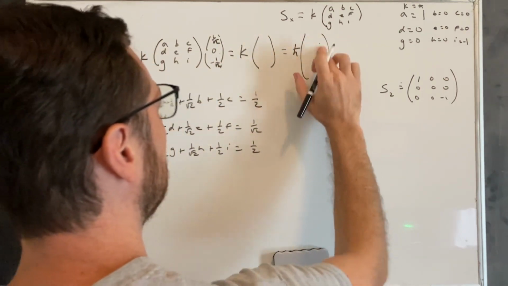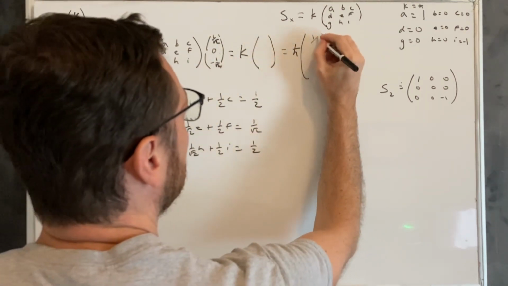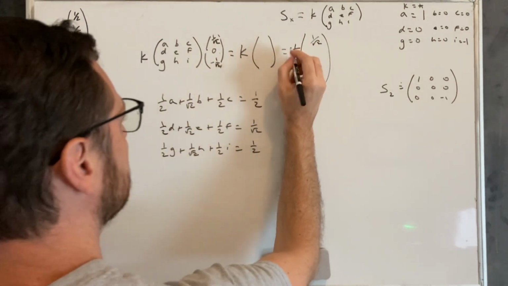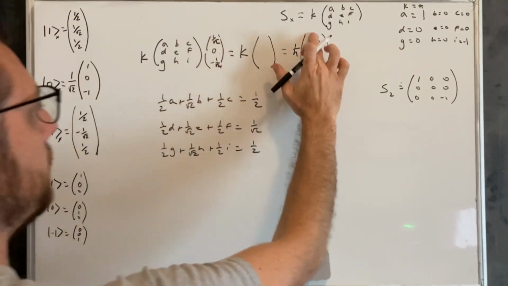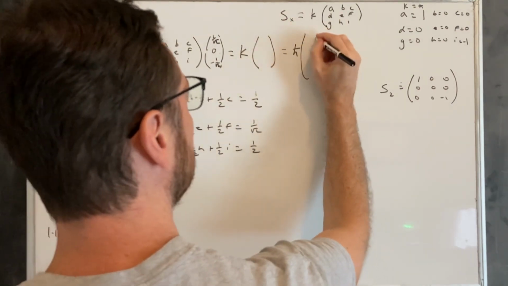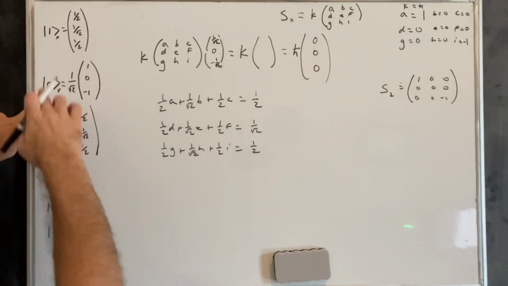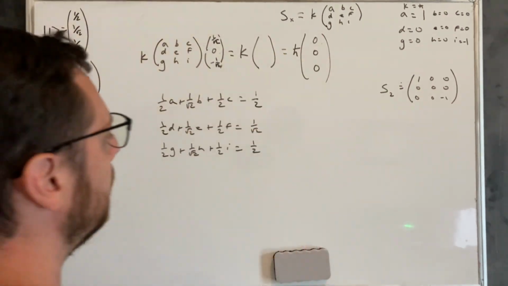And over here, we got 1 over root 2. So actually, again, this is going to give us 0 h bar. So we'll just make these zeros, 0, 0, and 0, which will end up being the same. 0 times anything is going to give us 0.